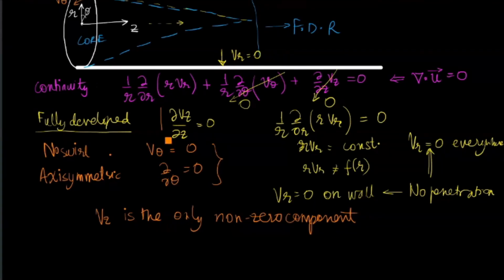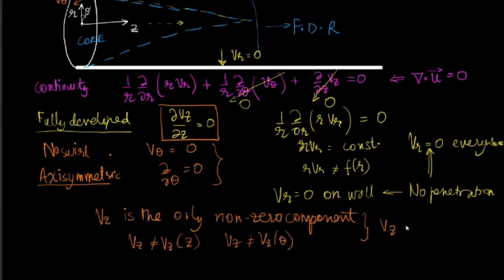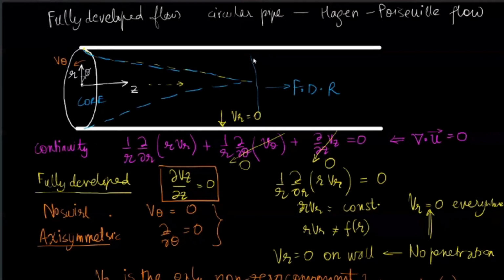And through this condition, ∂/∂z equal to 0. So vz is not a function of z, and also by axisymmetry, vz is not a function of theta. So all these imply that vz is only a function of r. And that should be obvious because we've said that the flow is invariant along z and the flow is invariant along theta.